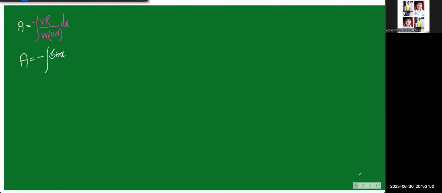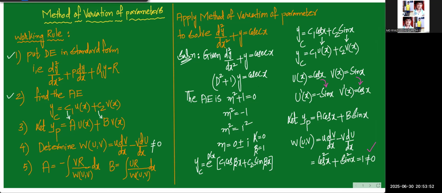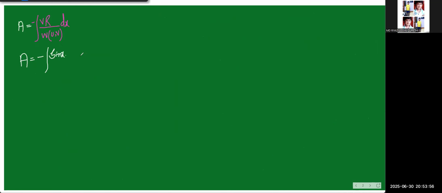What I said, the right hand side value will be considered as the r value. So cosecant x is our r value in this question particularly. Cosecant x divided by, we got our Wronskian value is 1, into dx.